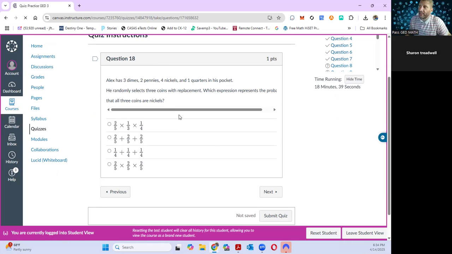Alex has 3 dimes, 2 pennies, 4 nickels, and one quarter in his pocket. He randomly selects 3 coins with replacement. Which expression represents the probability that all 3 coins are nickels?